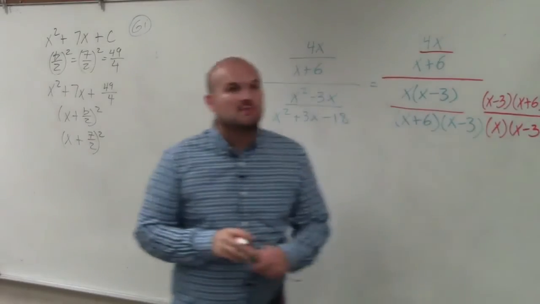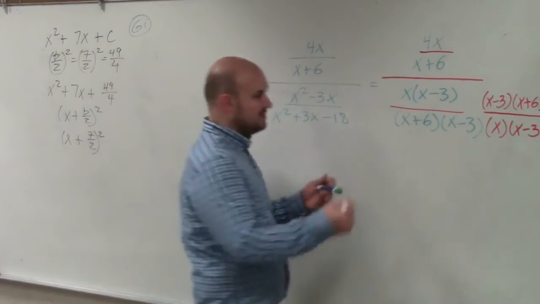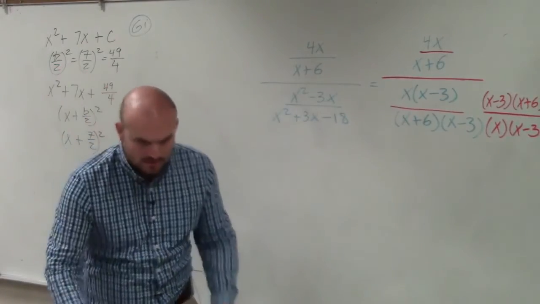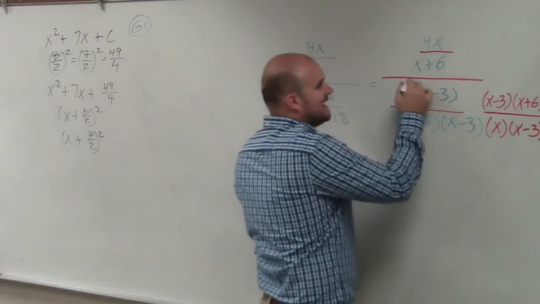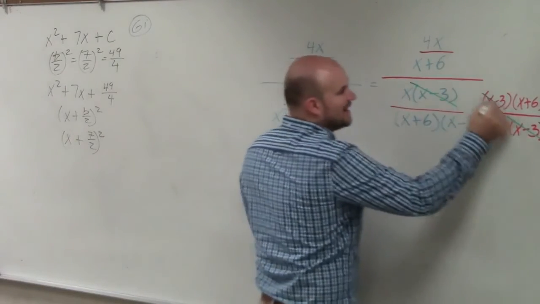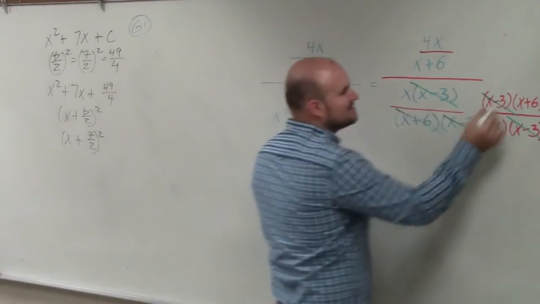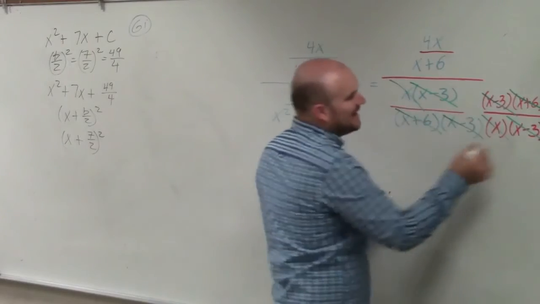The reason why multiplying by its reciprocal works is the division property. You can see that the x minus 3 and the x minus 3 divide to 1. X plus 6 and x plus 6 divide to 1. And the x divides to 1.